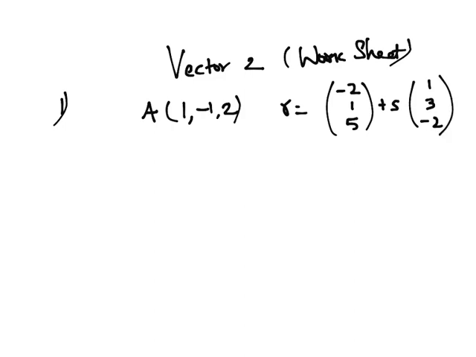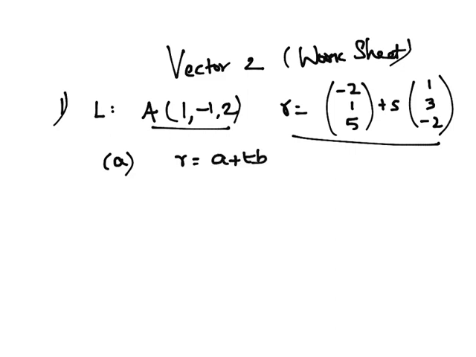So there is a line L which passes through this point and is parallel to this line. Now we need to write down the equation of line L in the form r equals a plus tb. Now it's very simple.